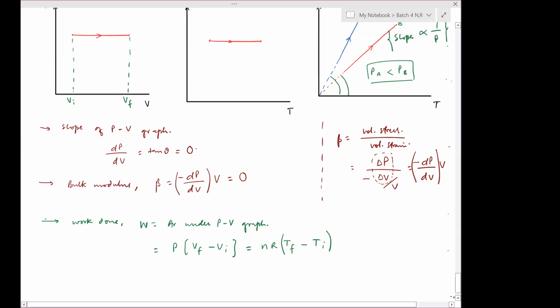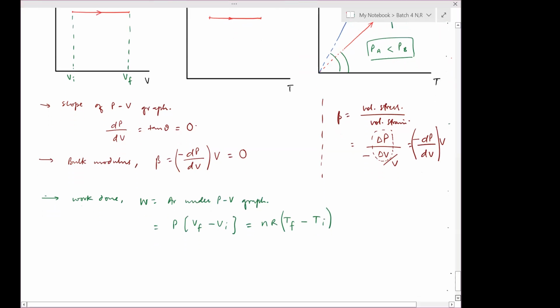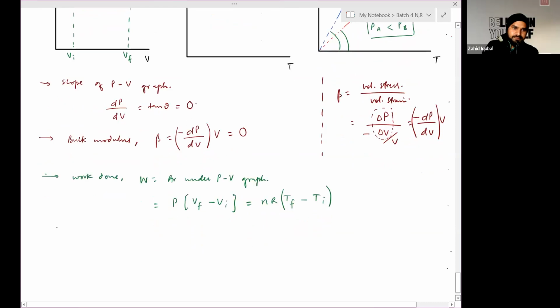Next question will be heat supplied. Since dQ equals nC dT, where C is also called the molar specific heat for that process, and here we are using isobaric, C will be Cp. So it will also equal n times gamma R divided by gamma minus 1 into dT.